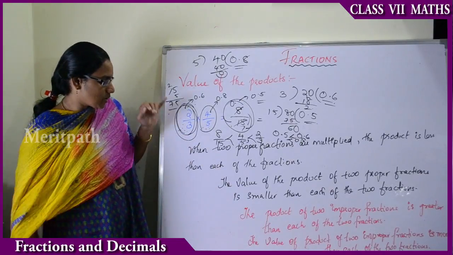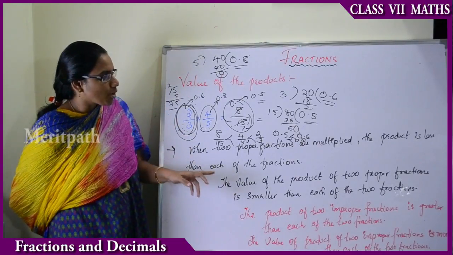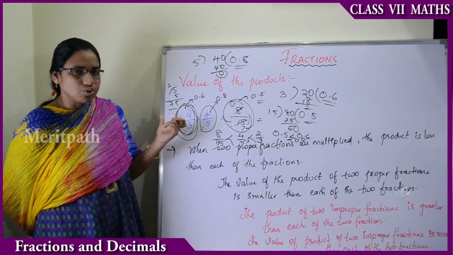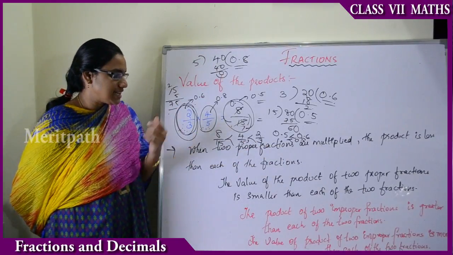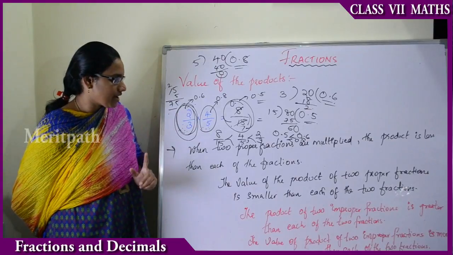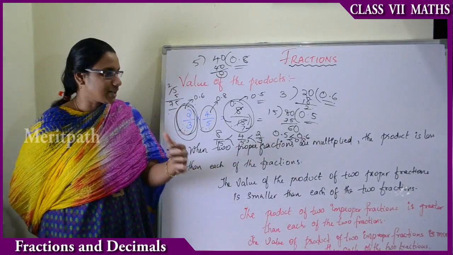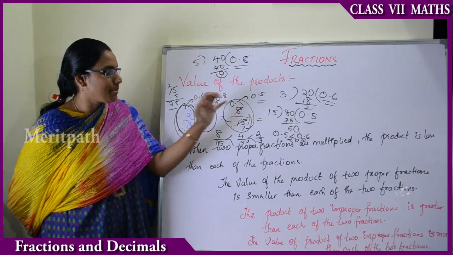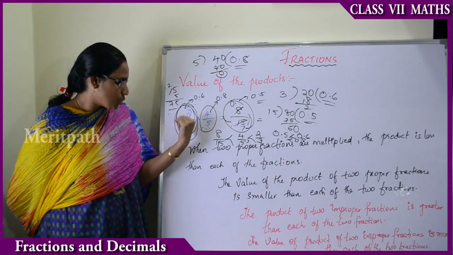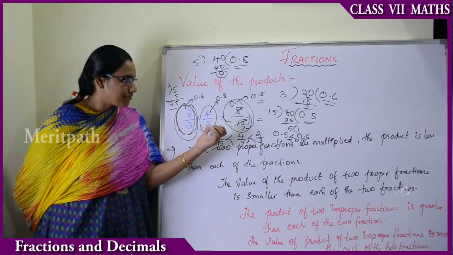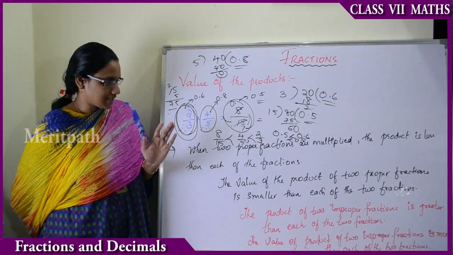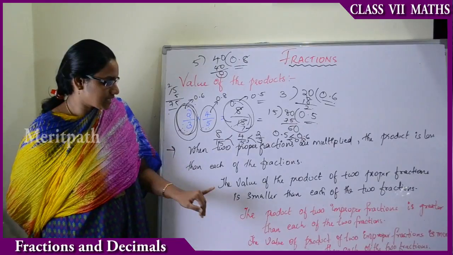Now here the statement goes like this. When two proper fractions are multiplied, that is 2 by 3 is a proper fraction and 4 by 5 is a proper fraction, these two proper fractions are multiplied, the product is less than each of the fractions. That means the product we got, 8 by 15, is less than 2 by 3 and 4 by 5. I hope you understood the statement.